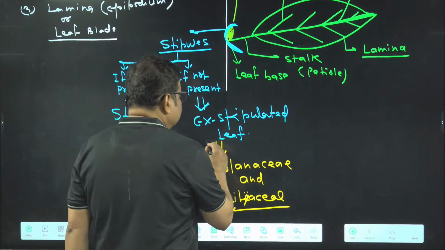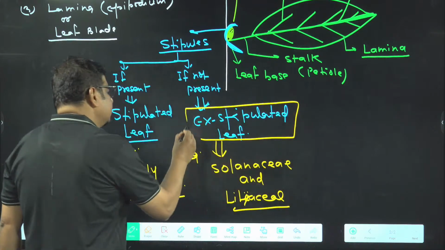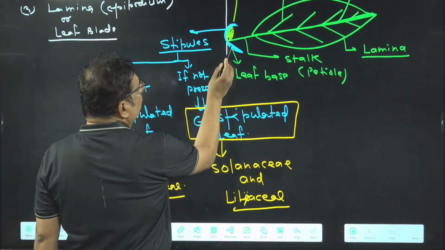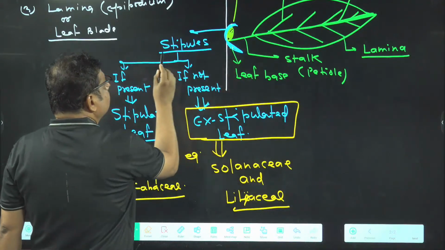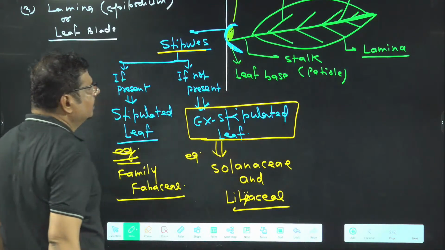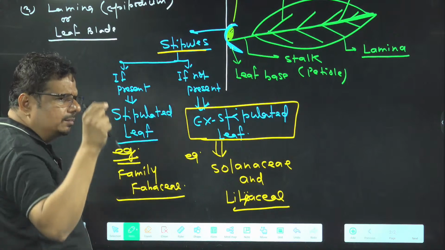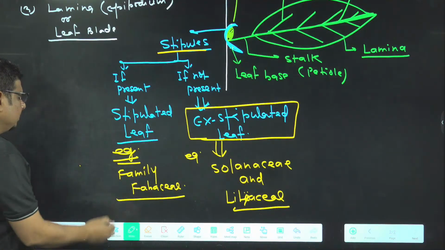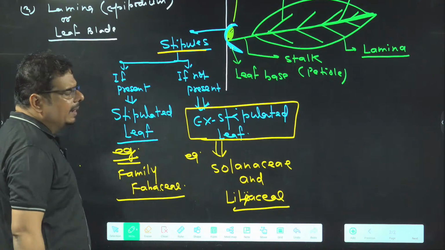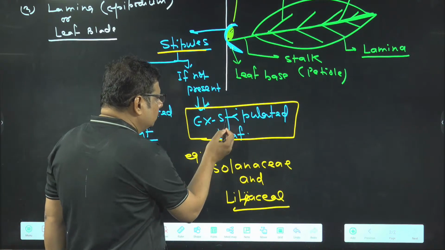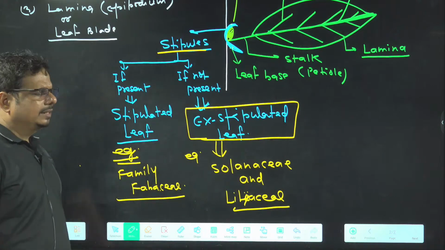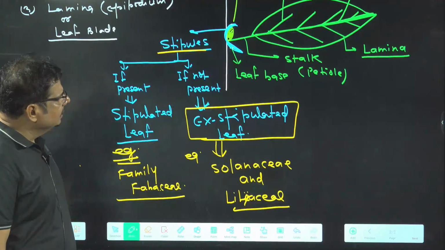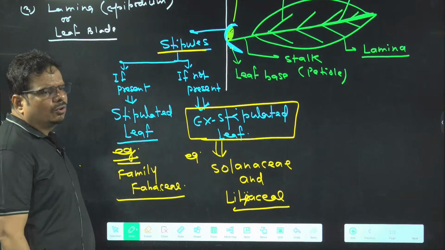Stipules are not present, so it is which kind of leaf? Exstipulate leaf. So if two small leaf-like structures are present on both sides of the leaf base, it is called stipules. A stipulate leaf is present in members of Fabaceae, and an exstipulate leaf is present in members of Solanaceae and Liliaceae. So you got the idea?